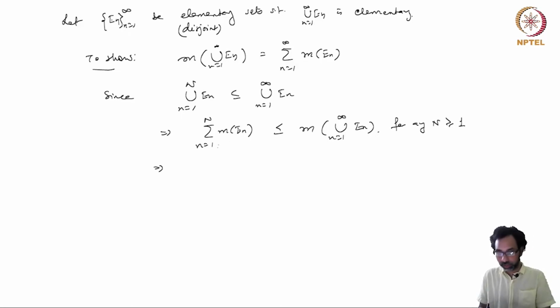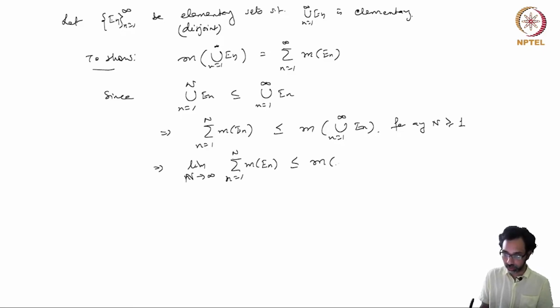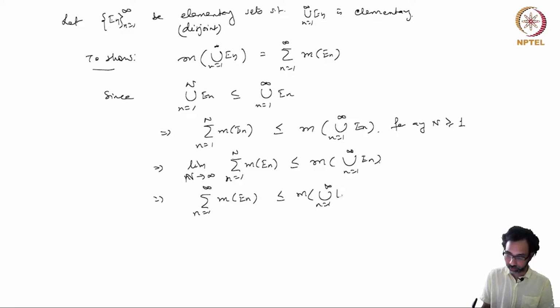Here we have used the fact that the elementary measure is finitely additive on disjoint sets. Now take the limit as capital N tends to infinity: the sum from n equal to 1 to capital N of M(E_n) is less than or equal to M of the union. The limit is nothing but the whole sum. So we get the inequality on one side.